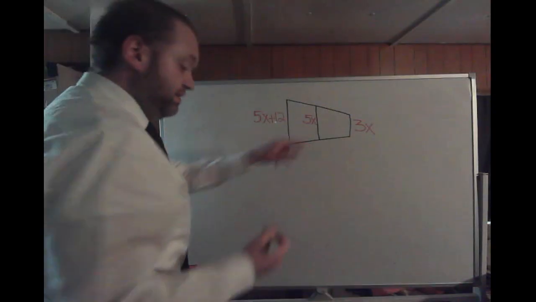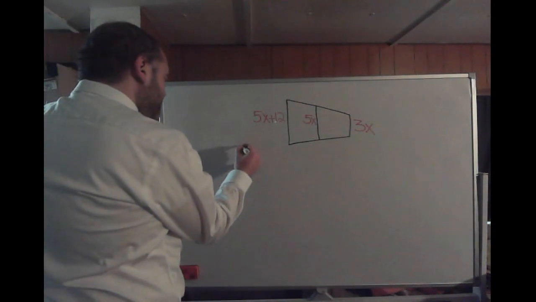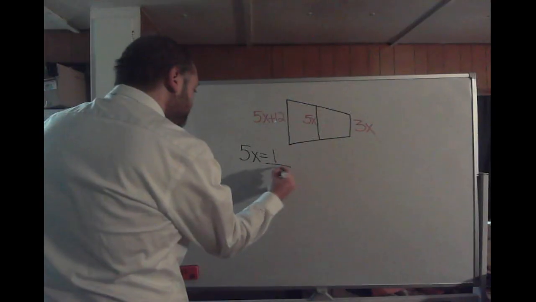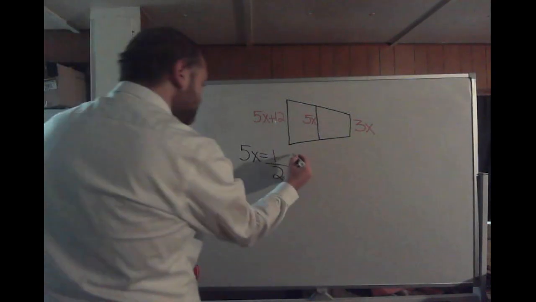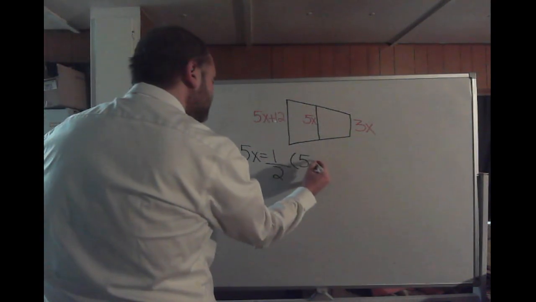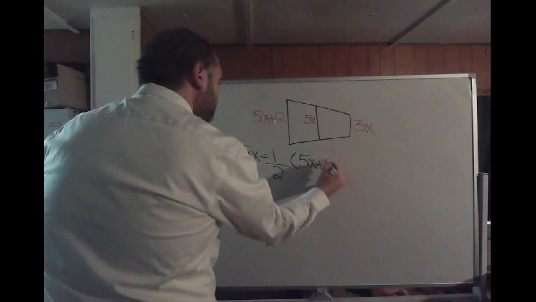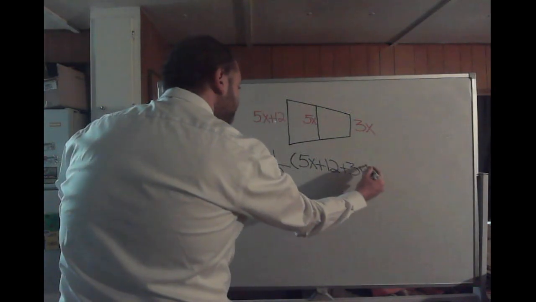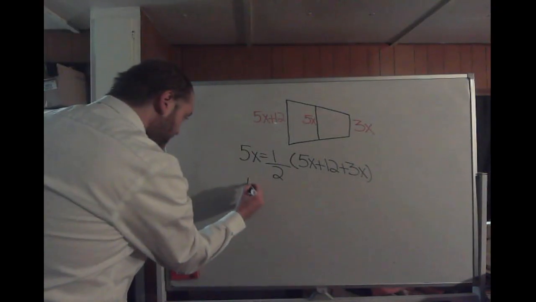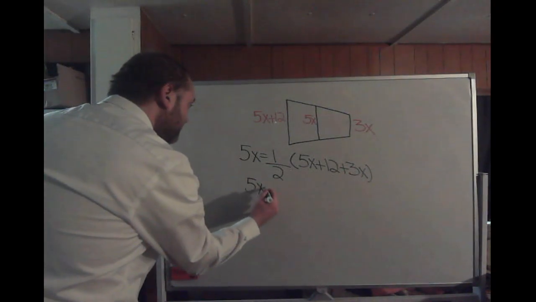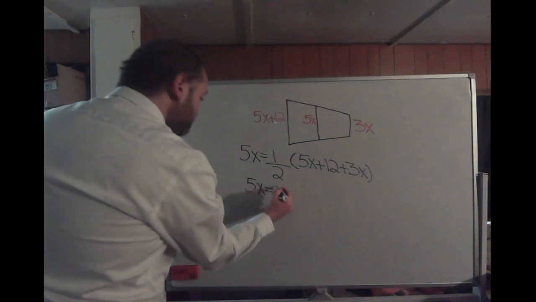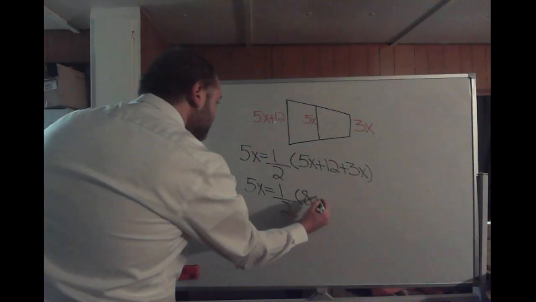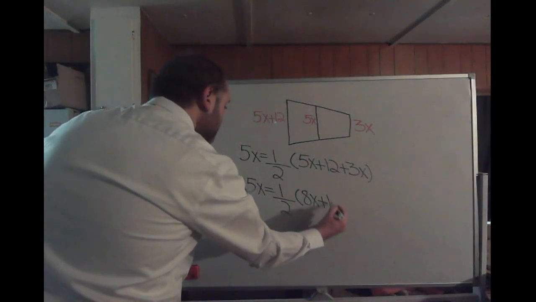Well, that median 5x, you take that length of 5x, set that equal to half of the sum of your two bases. So that'd be half of 5x plus 12 plus your 3x, which would turn into 5x equals 1/2 times 8x plus 12.